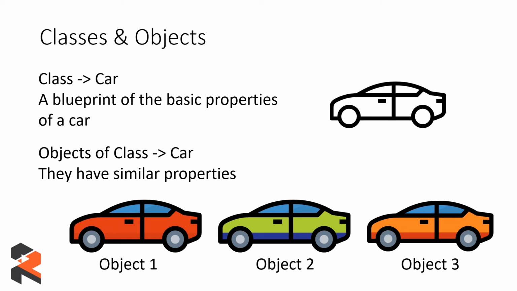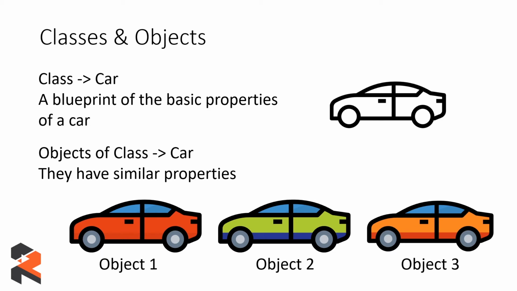So a blueprint of a car is made, and this blueprint is used to make different cars, and these different cars are nothing but objects which are instantiated from the car class. So we have the blueprint of a car, as you can see, and then we have three different cars here which are labeled as object 1, object 2, and object 3. Now, the same properties which these three objects have are the tires, a color, a brand, a model, and the manufacturing year.